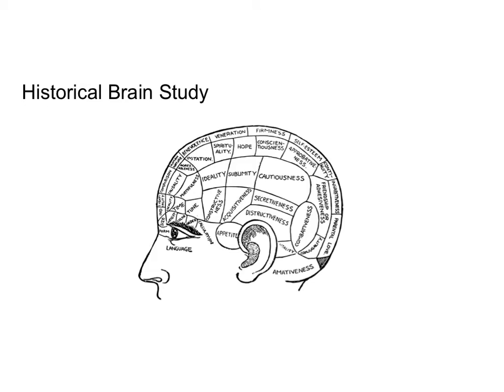Historical brain study: before we had cognitive neuroscience, we had what was known as phrenology. Phrenology was started by a man by the name of Franz Gall.